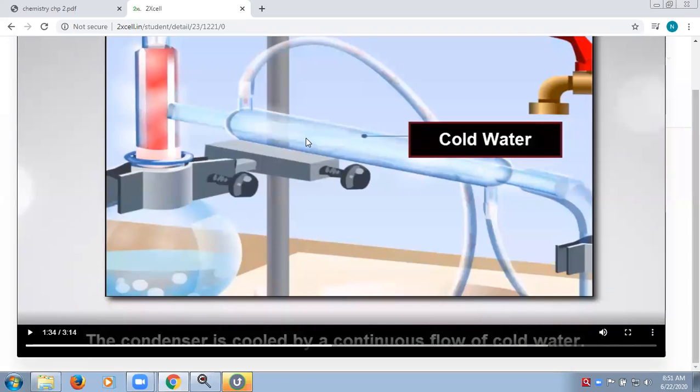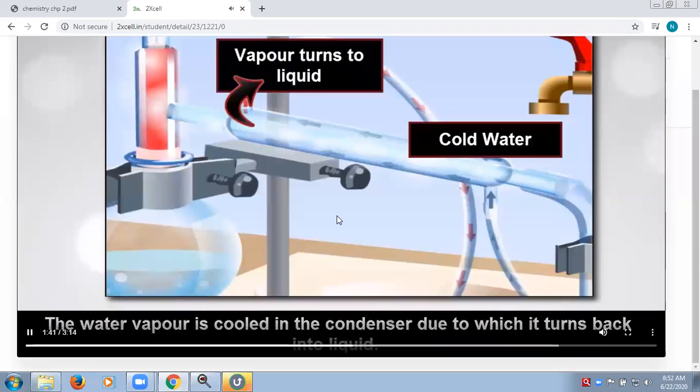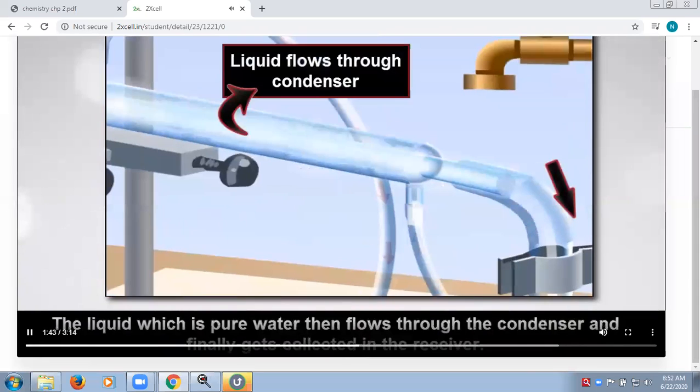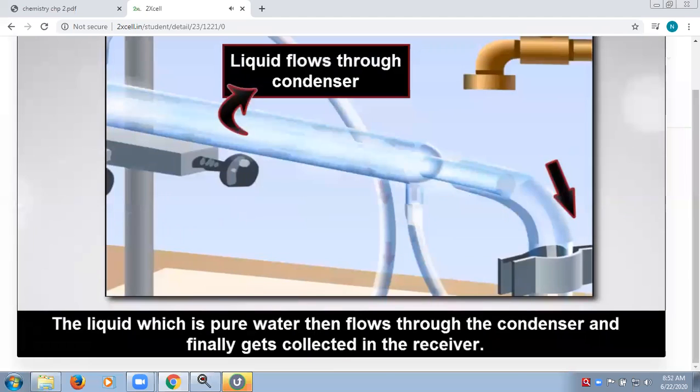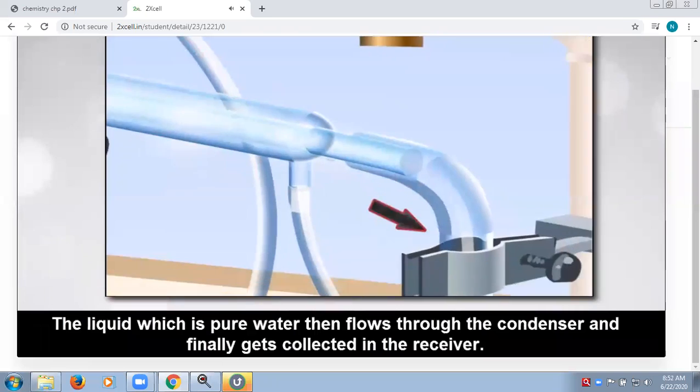Or not only this cold water supply, sometimes it is found that ice is wrapped behind it to cool down the vapors of the liquid that is passing through the condenser, passing through the tube. Okay, so this is how actually condensing is being done. Is cooled in the condenser, due to which it turns back into liquid. The liquid, which is pure water, then flows through the condenser and finally gets collected in the receiver.